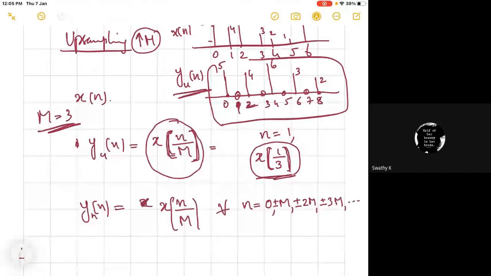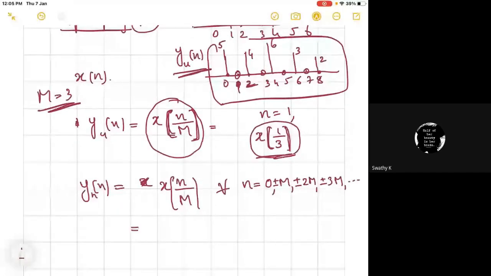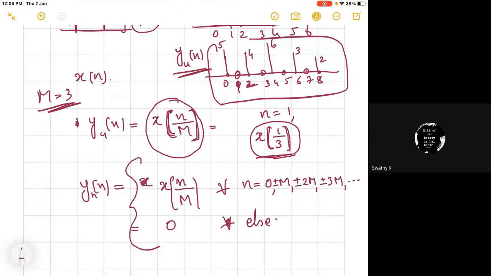And what should the other values take? yu of n should be 0 for all other values. This can be written as x of n by m for n equal to multiples of m, and 0 for all other values.